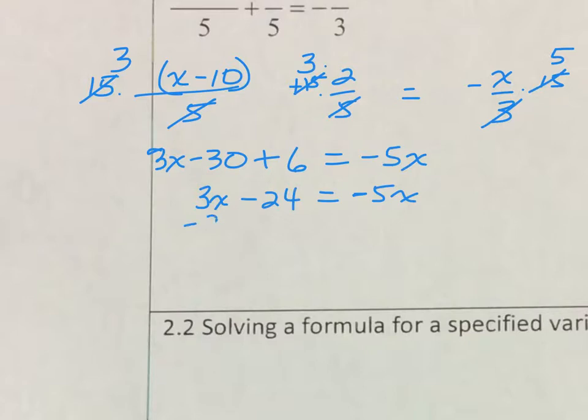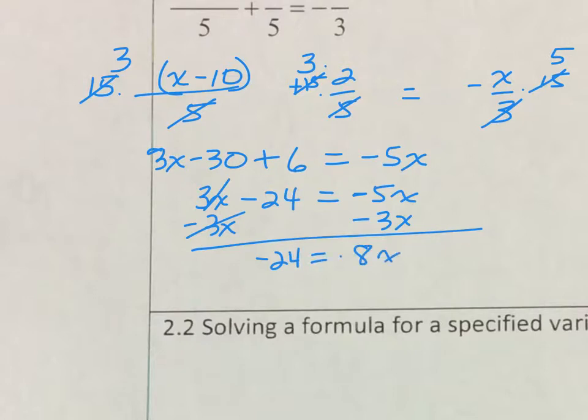Okay. So those go. So we have negative 24 equal to negative 8x. And if we divide by negative 8, we'll get x equal to positive 3.